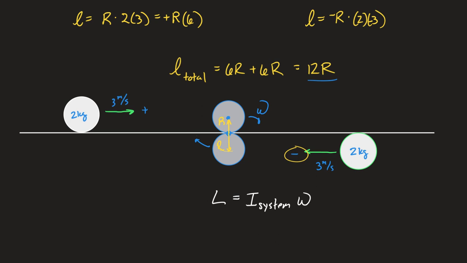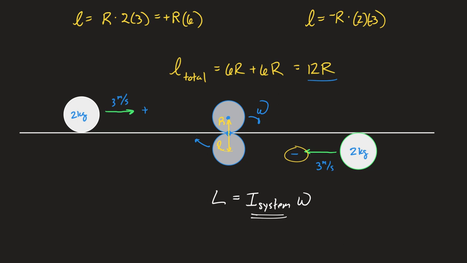I have a rotating system now, so we should probably take that into account. Our system has a moment of inertia. We're going to have to find out the moment of inertia of our system.